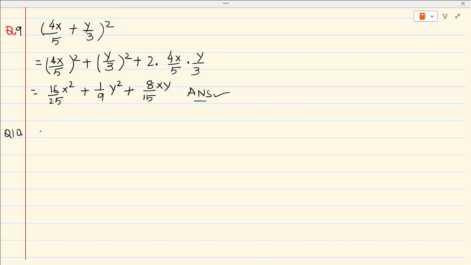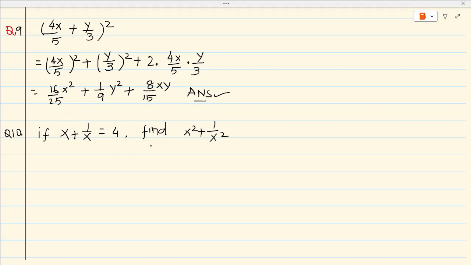Suppose it is given that x plus 1 upon x is equal to 4. Okay, find x square plus 1 upon x square.